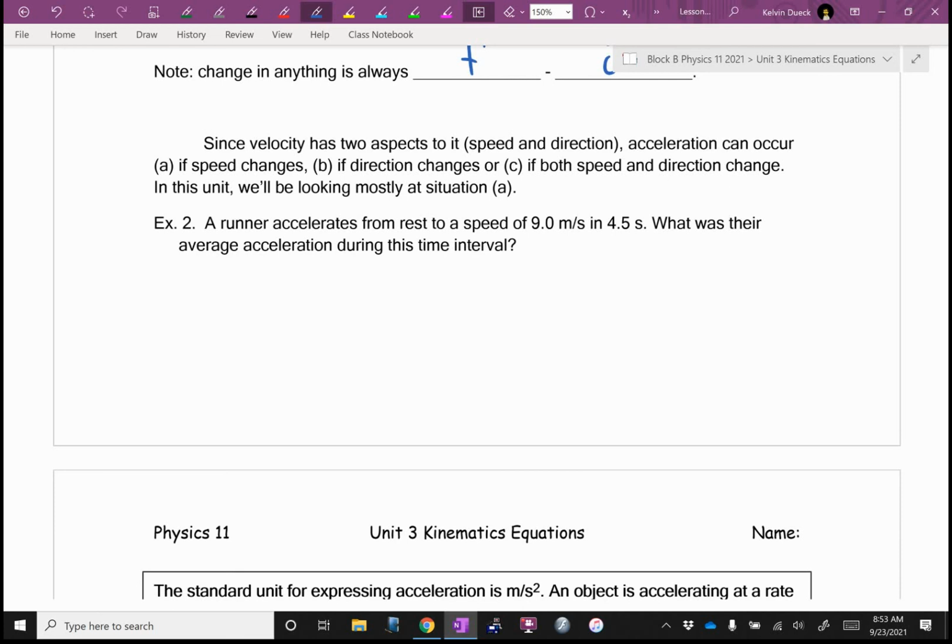Now, this is Mr. Dewick being nitpicky. When you run, I don't think your acceleration is constant. I think it's bigger at the beginning and smaller at the end, but we can't deal with the changing acceleration. So when I'm trying to analyze a situation where I know the acceleration is changing, but I can't figure out the changing acceleration, I'll use the word average acceleration because that's technically what we're finding.